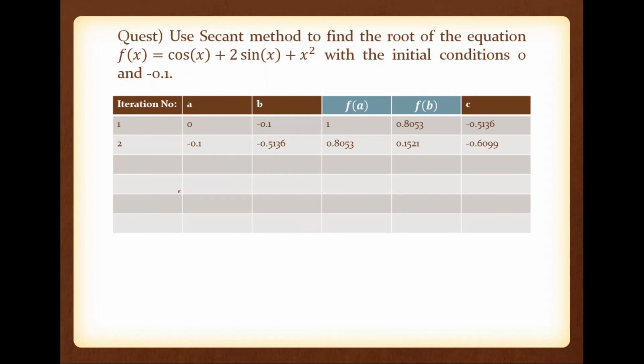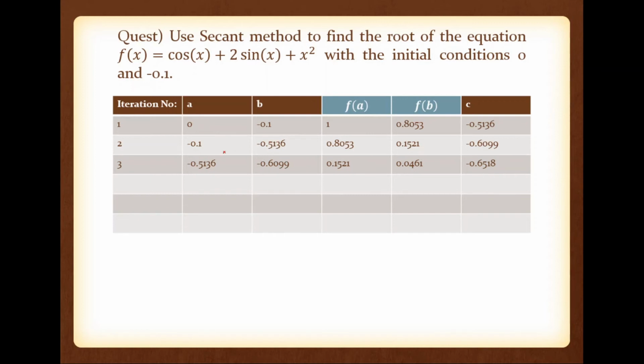So now this is new A, this is new B. So the new iteration is this one. Here in the third iteration you can see that A is equal to minus 0.5136, that is, this value is taken as A, and B is minus 0.6099, that is this C. Now what is f of A?